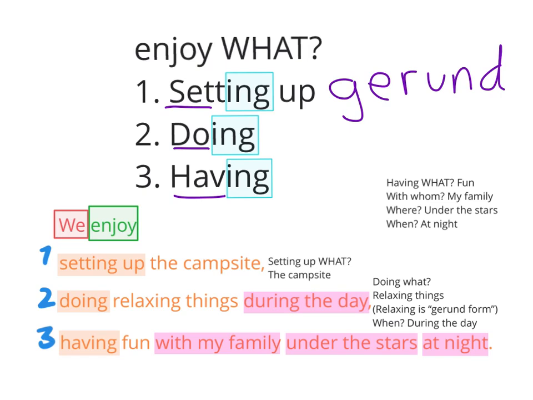Remember, with the gerund form, we add ing to the end of the verb. And then we are going to use it as a noun because we are saying that it is the act of setting, the act of doing, or the act of having.